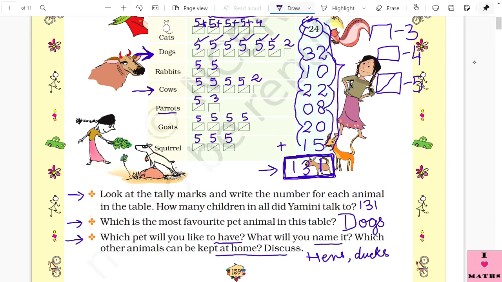These types of charts are called smart charts. You must have heard from different people that that boy is smart, this girl is smart. So you must be wondering, why are they called smart charts? These are called smart charts because we just have to look at them, and just by a glance we are able to get so much information.